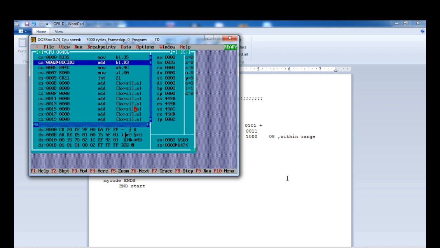See, BL is loaded with 35. Now the overflow flag is 0. We are performing ADD BL, D3. See, the overflow flag remains in a reset state.